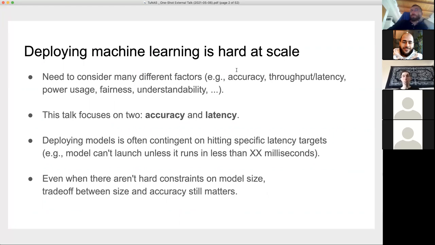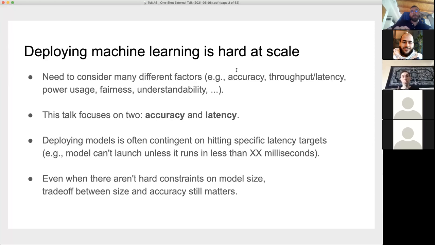The ability to deploy models in production is very often contingent on hitting specific latency targets. For a mobile model, you might need to run in real time, where you need to make predictions within a certain number of milliseconds in order to keep up with a video stream or provide sufficiently responsive apps.